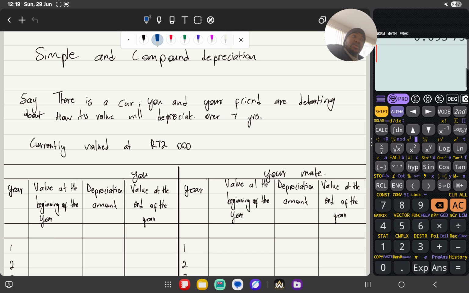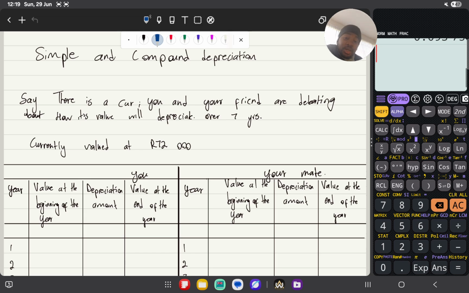You buy a car as well. The moment you resell it to somebody else, the amount is not going to be higher than the initial value you bought it for, because the car also loses value. So this loss of value is called depreciation.